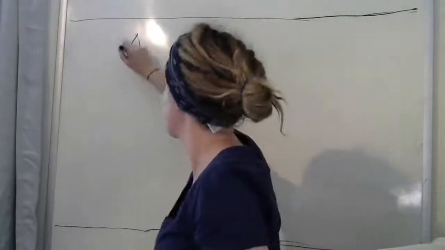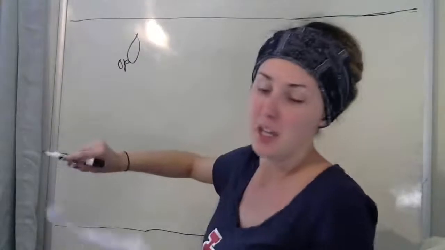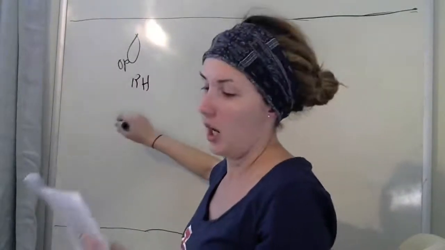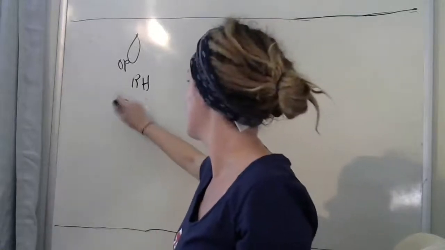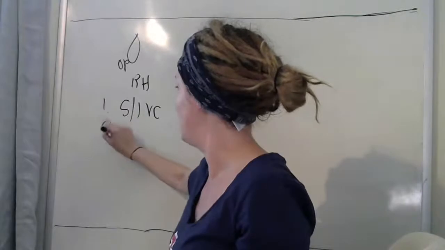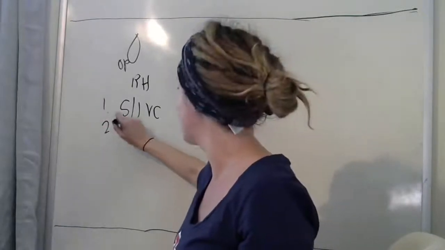So we're going to have oxygen poor blood, and this is going to come into the right side of the heart, right heart, and it's going to come into your superior and inferior vena cava. That's one. Step 2 is your right atrium.